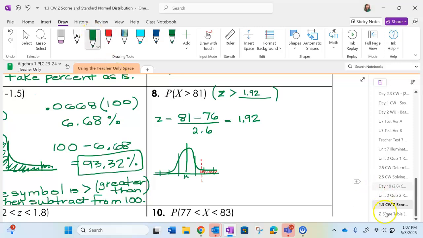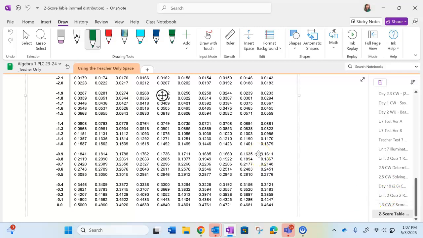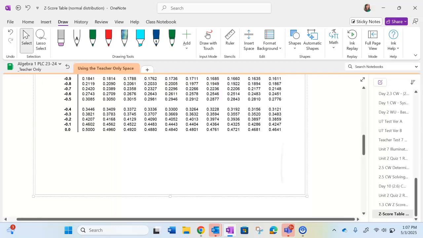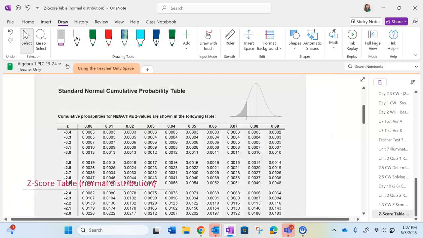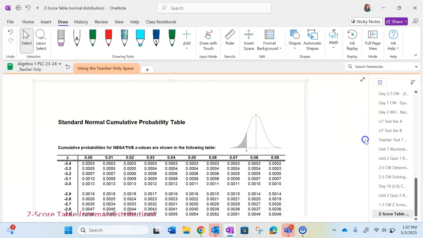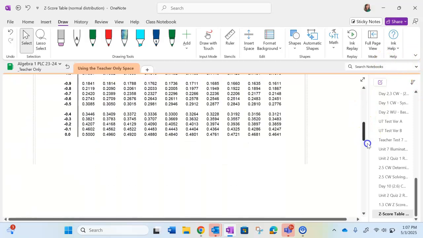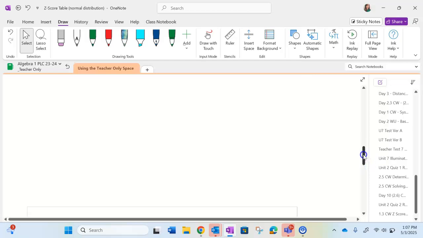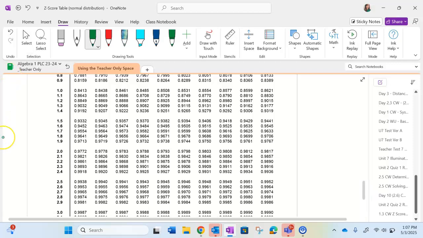All right, 1.92. Let's go to our z-score table. We're going to positive 1.9. Let me see where that is. Nope, I've got to go up. It's just moving my chart, so hold on one second. Let's do this differently. So we're down here. There we go. 1.92. So we're going to go to 1.9, and then that's 0, 1, 2.